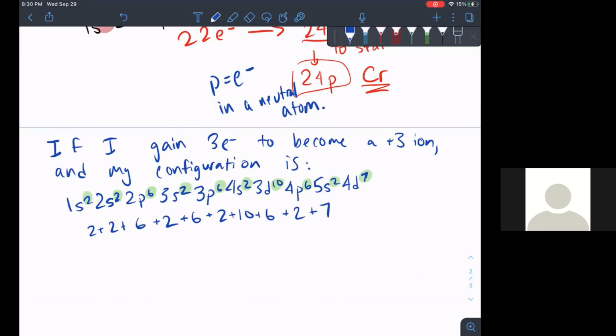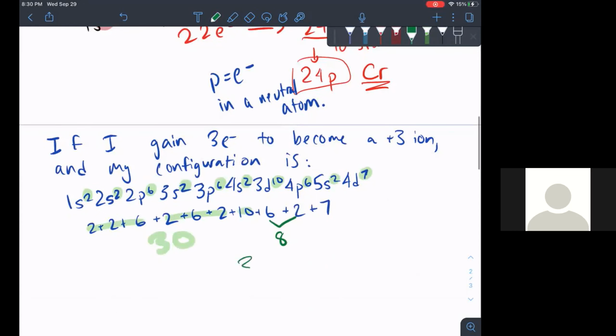Let me add that up real quick, in groups of 10. That's 10, that's 10, this is 10, so that's 30. This is 8, so that's 38 plus 7. Yeah, 45 electrons in total. So that's our new configuration, 45 electrons.